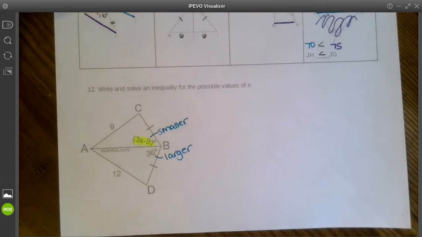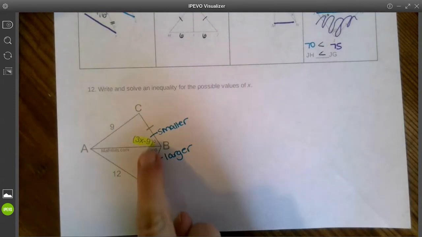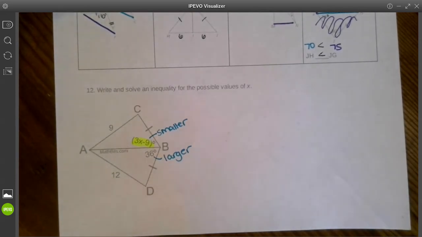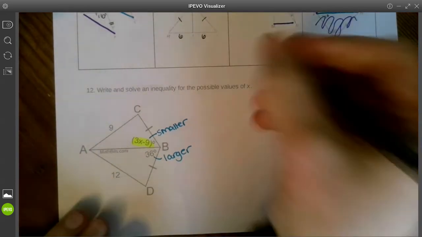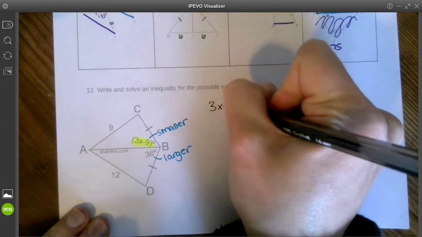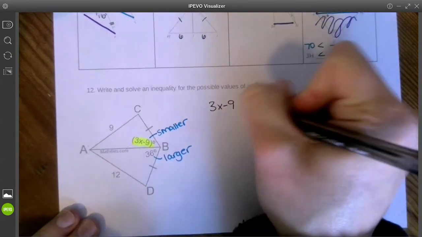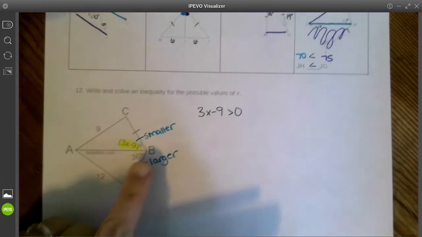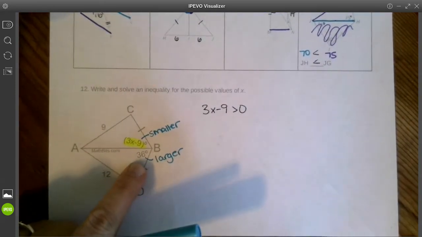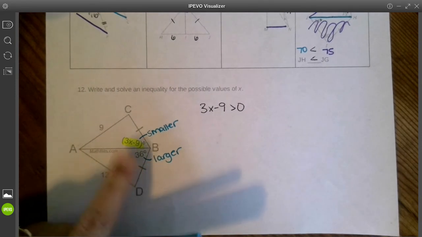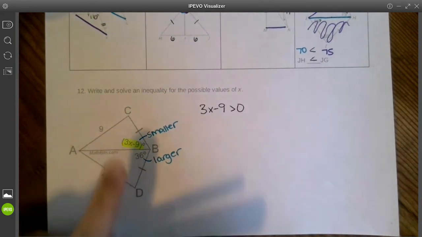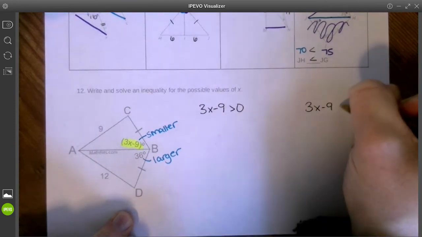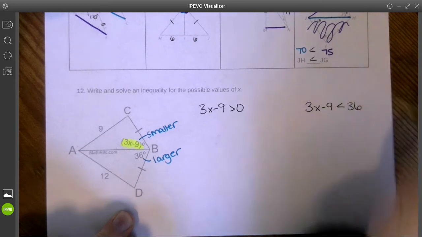In order for this situation to be true, first, my smaller angle, 3x minus 9, has to be greater than 0 degrees. Otherwise, it wouldn't be an angle. But it also has to be less than 36 degrees, because 36 degrees is larger than 3x minus 9 degrees. So I also know that 3x minus 9 degrees has to be less than 36.